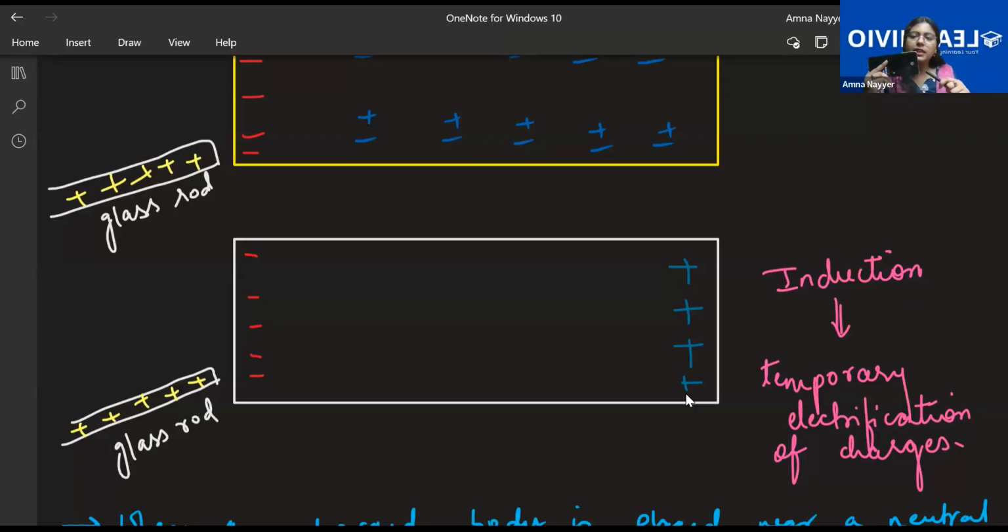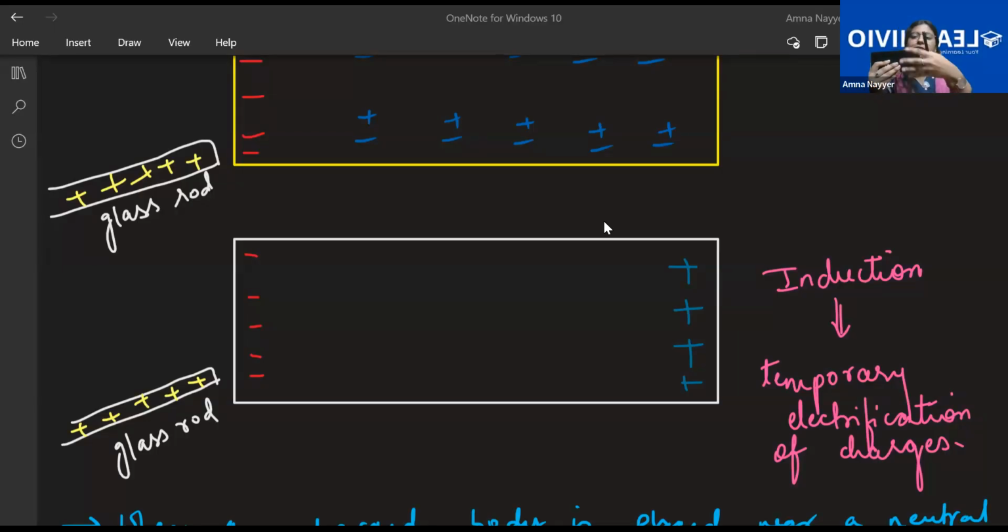So till the time I'm holding this glass rod, the electrons have been separated like this.